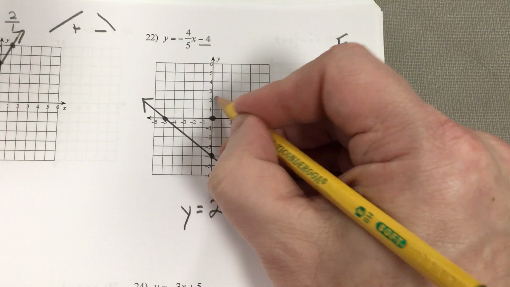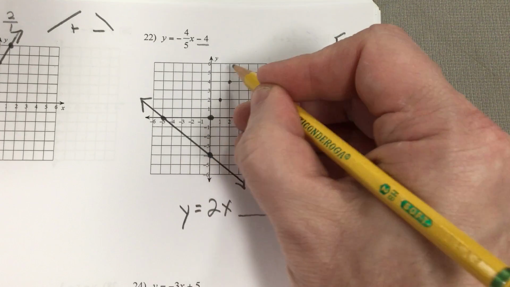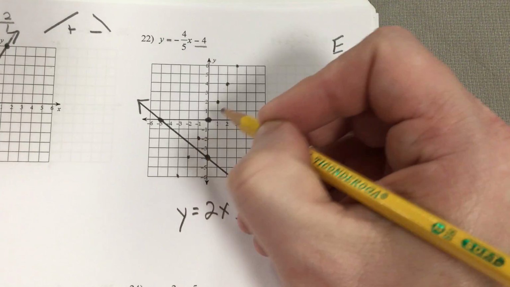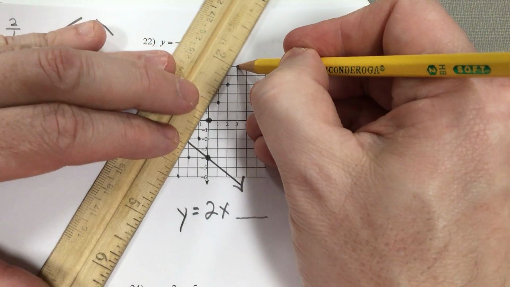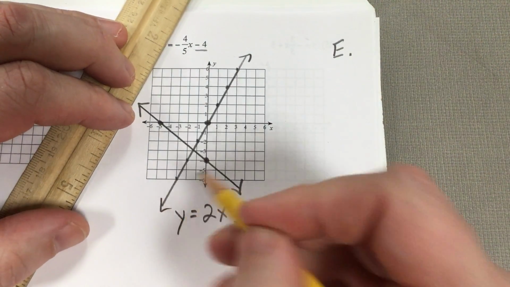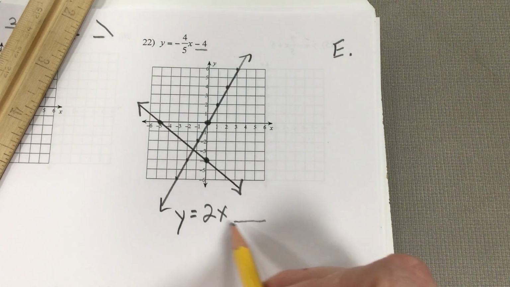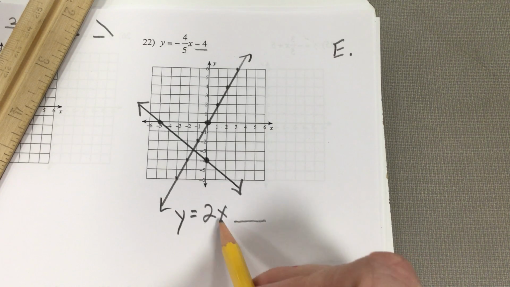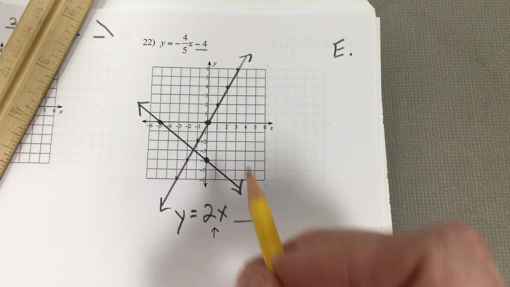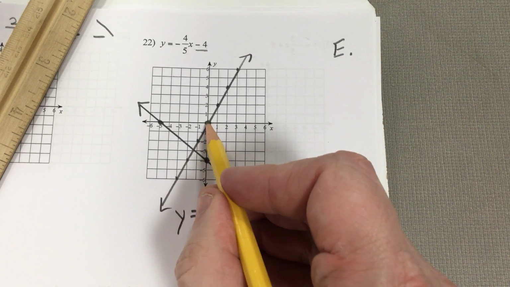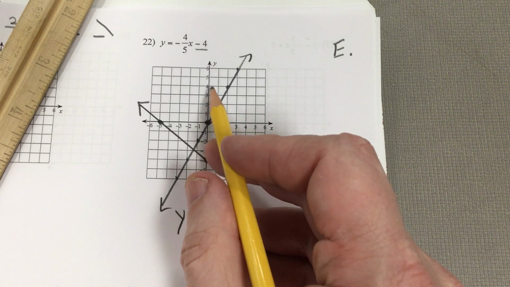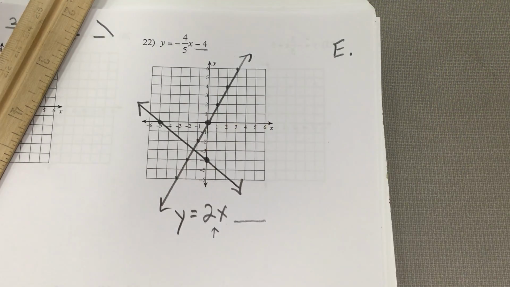Again, it goes up 2 over 1, up 2 over 1, up 2 over 1, and I could draw that line in here. So if you ever see a line in slope-intercept form and there's nothing behind the slope, that means there is no y-intercept. You put that dot at 0, 0. It's not above it and not below it, it's right at 0, 0.